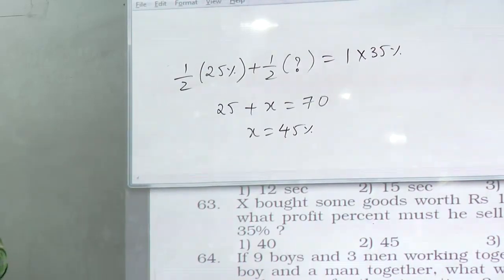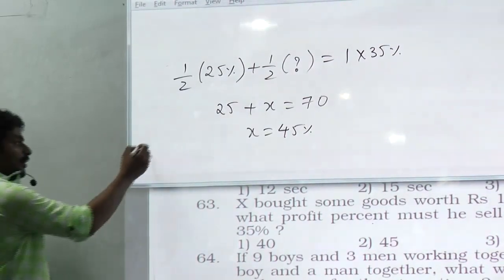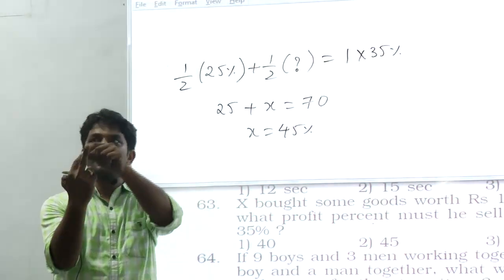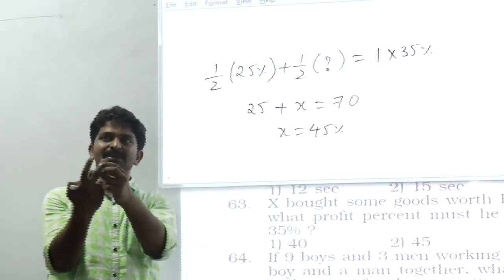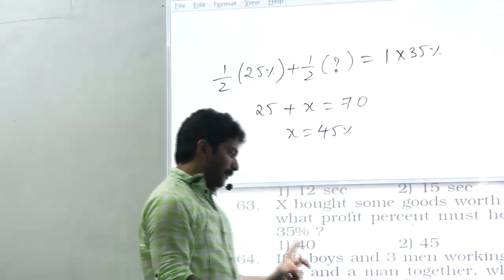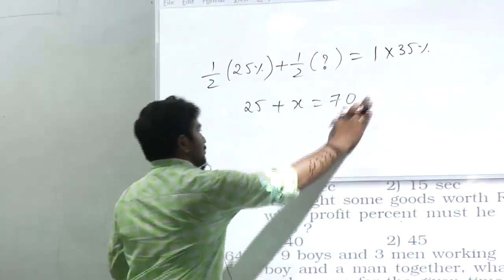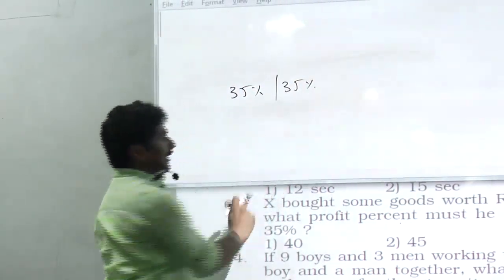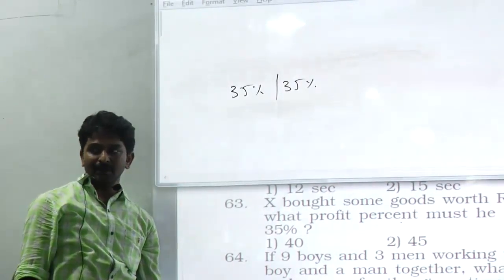Basically this is not required. We have 2 parts. One part already sold out. You're asked about second part. Overall you are expecting a profit of 35%. So that will be like 35% on first part and 35% on second part. Will give you 35% on total.